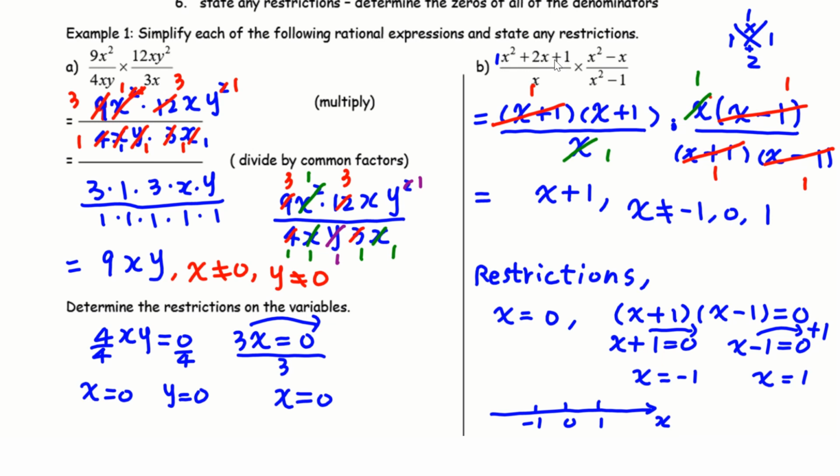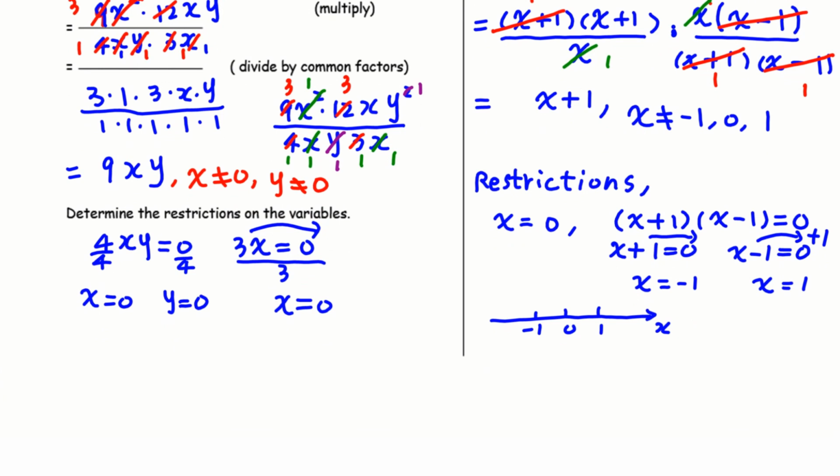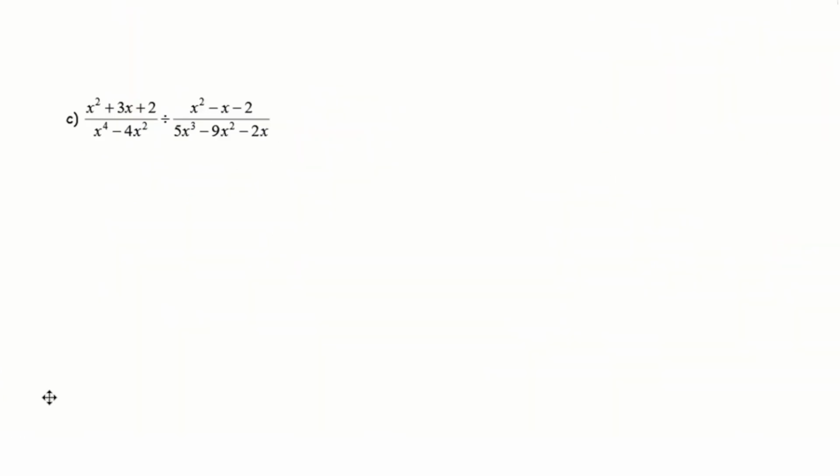They are not factors; these 3 terms are a trinomial. And x plus 1, they are the factors of this. So you can only cancel the factors out. So these are 2 examples. Then we are going to try one more.